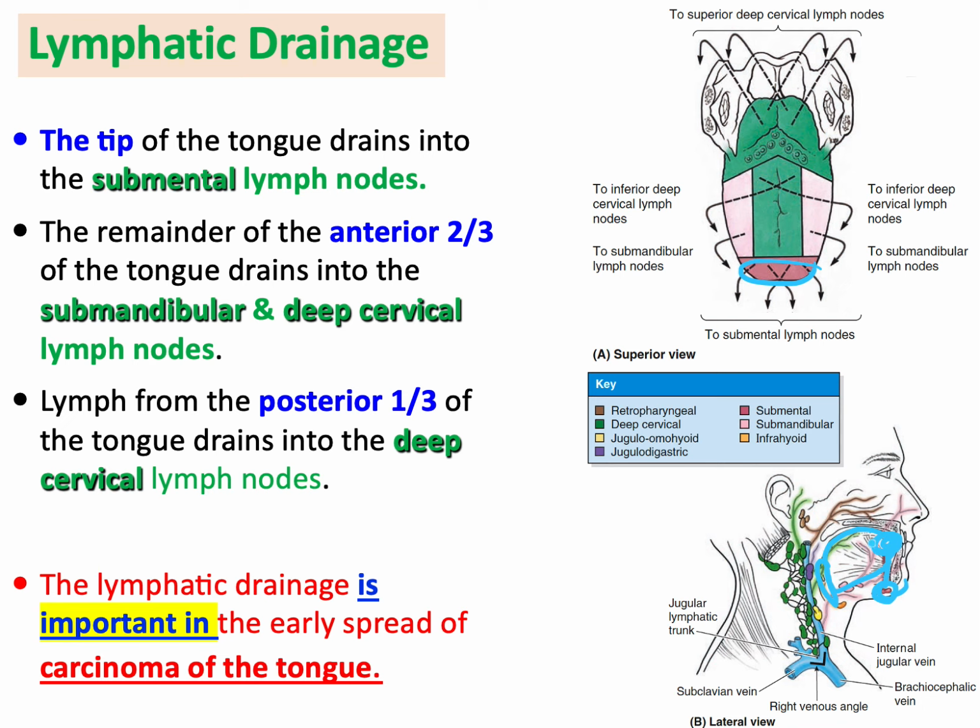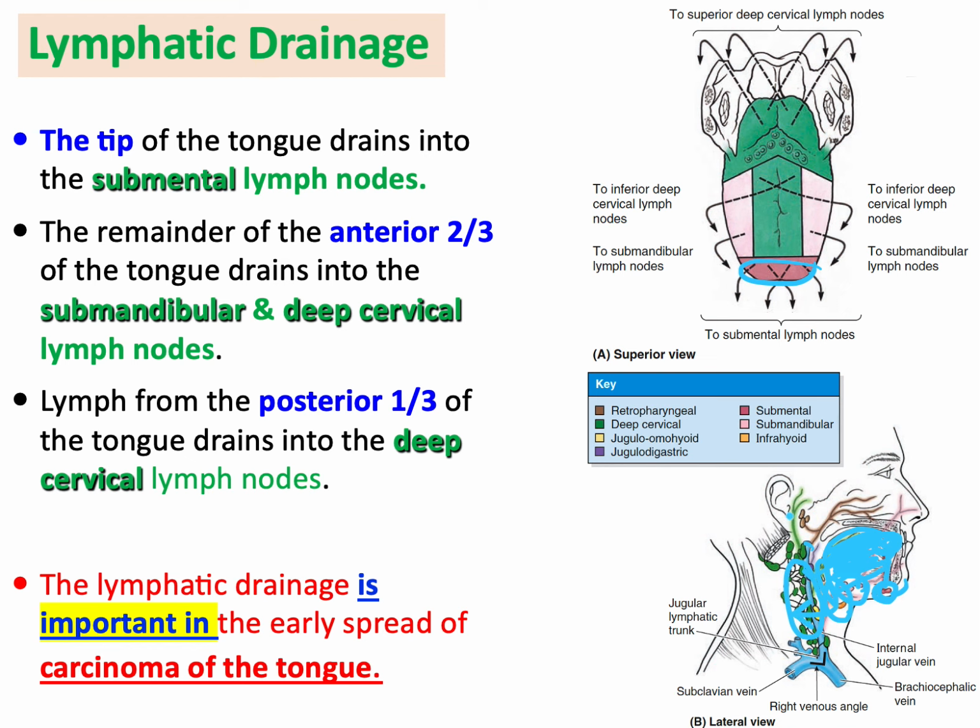But the body, or the rest of the anterior 2/3 of the tongue, forget now the tip, they drain into submandibular lymph nodes and deep cervical lymph nodes. Also, the posterior 1/3 of the tongue drains into deep cervical lymph nodes.